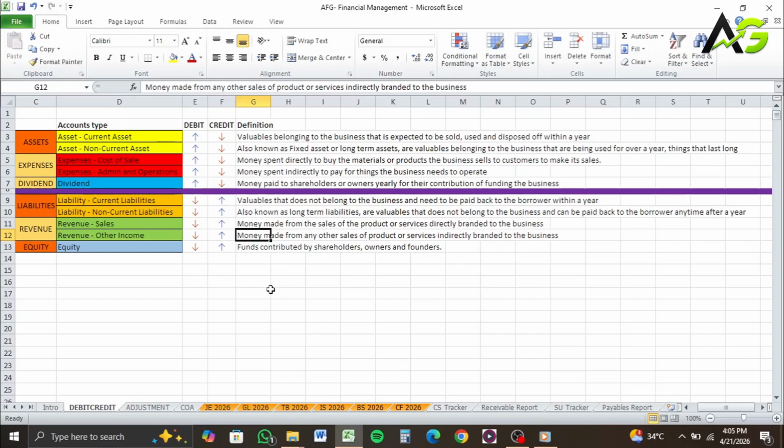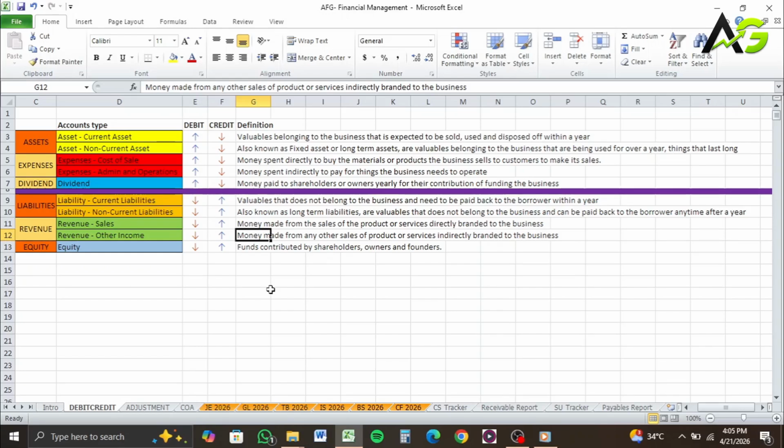The dispatch might decide to carry people on the way back from Ogun State or Ibadan. You carry a few people and collect money. That money is classified as other income, just extra money made on the side. It's not branded to the company, but it's still money coming in.